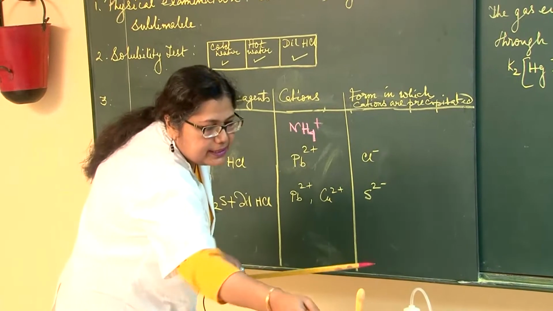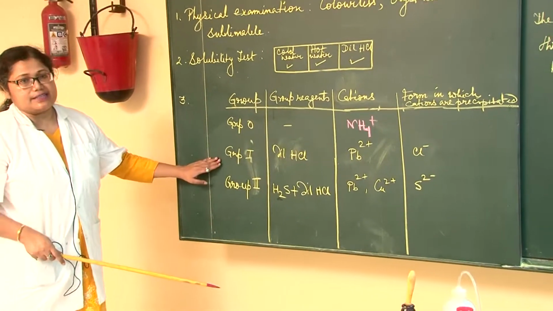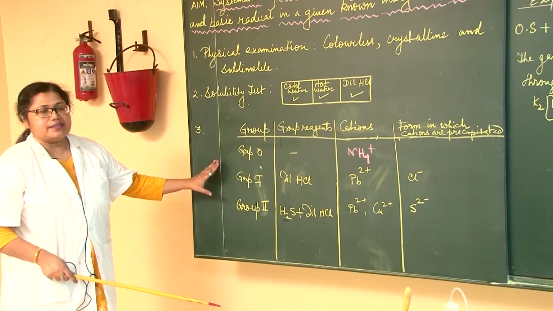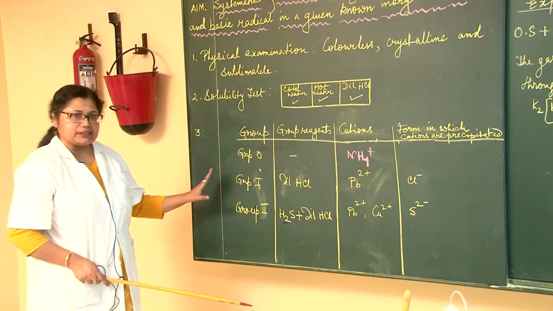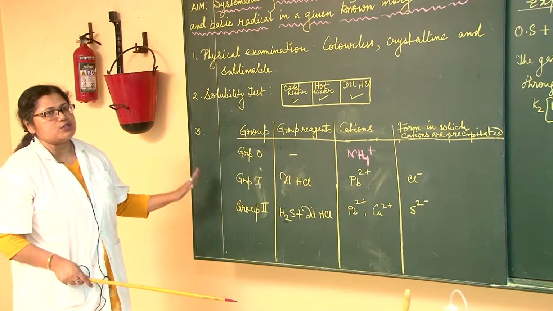Now, what are these groups actually? The basic radicals are classified into various groups. This is based on the concept of solubility product as well as on the difference in the chemical properties of the cations.